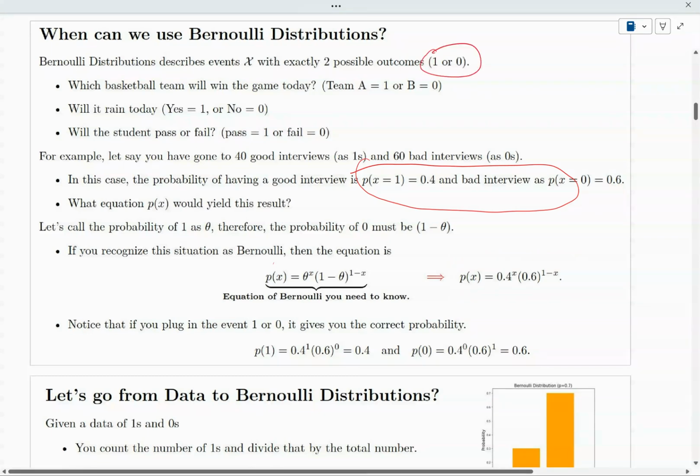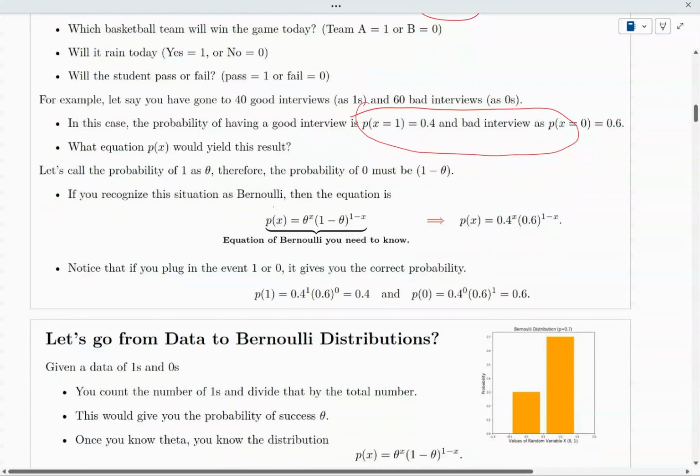So let's try plugging in 1 or 0 first. If you plug in 1, notice that 1 goes here and 0 goes here, because 1 minus 1 equals 0. Therefore, this cancels out, which says that the probability is 0.4, which is the case: the probability that x equals 1 is 0.4.